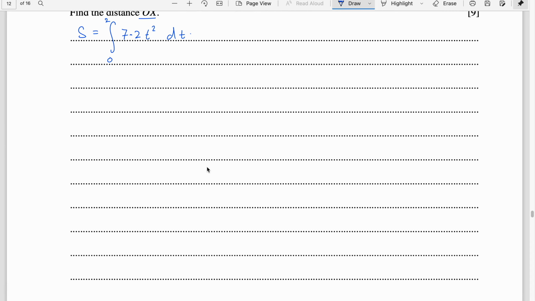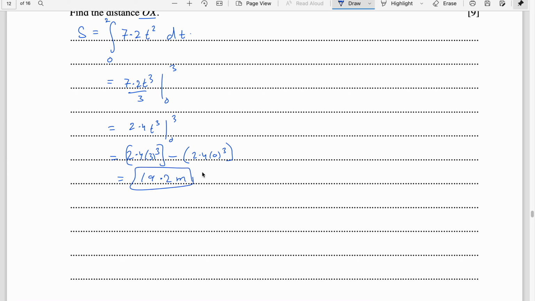That is 7.2 t cube by 3 from 0 to 2, which is 2.4 t cube. 2.4 times 2 cubed minus 2.4 times 0 cubed, and the answer is 19.2 meters. Done for the first section.